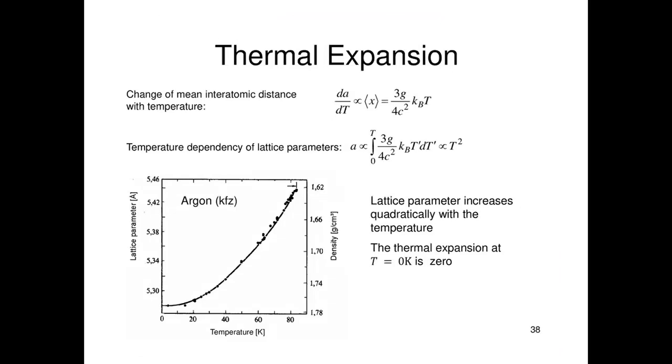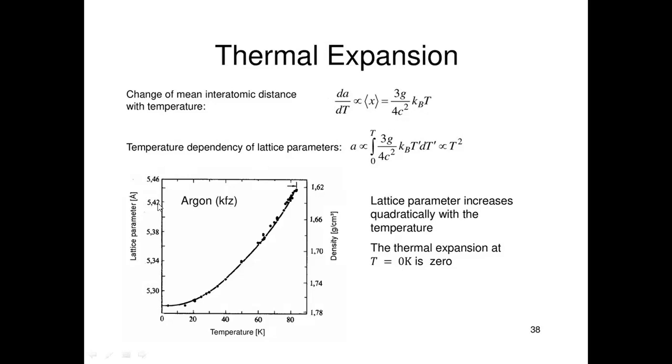So the thermal expansion of argon material we can observe by using this graph. So here the thermal expansion is 3g by 4c square into kT. dA by dT is proportional to x, that is equal to 3g by 4c square into kBT.